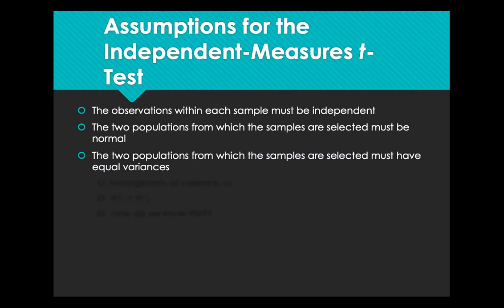This is the new one for this particular test. We haven't encountered this assumption before. This third assumption is referred to as homogeneity of variance. It's essentially saying that the variance of the first population should equal the variance of the second population.